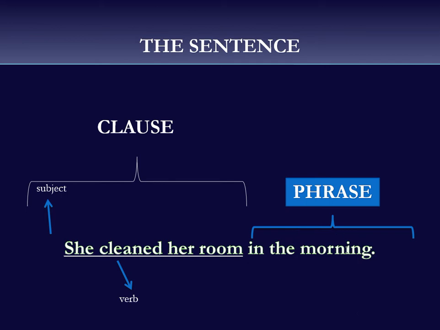So to make complete sense, we need the whole sentence. For the phrase to mean anything, it should be joined with this clause. So we see here that a sentence can contain a clause and it can also contain a phrase. And I hope by now you understand what a clause is, what a phrase is, and what is the difference between these two.